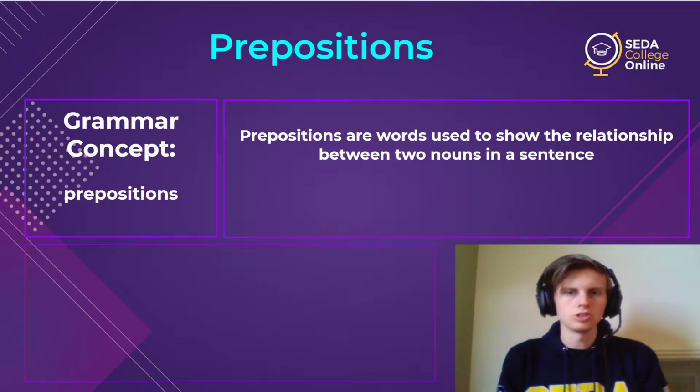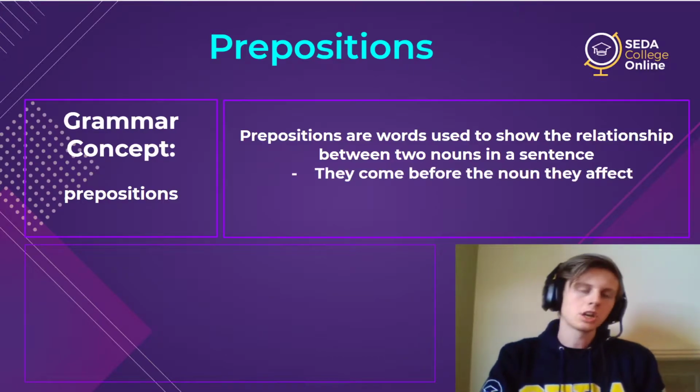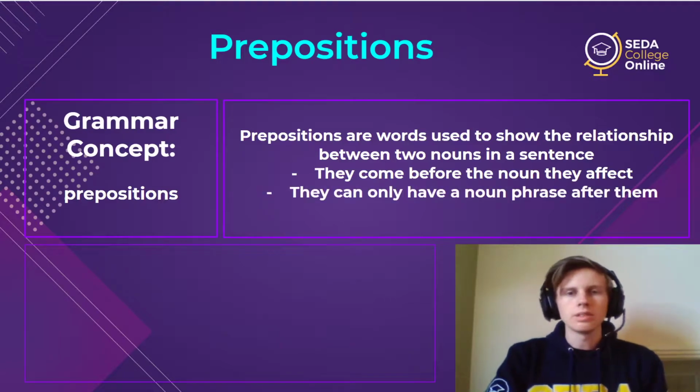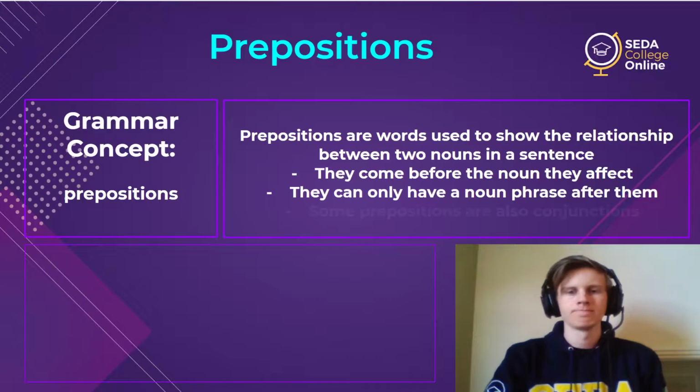What's their relationship? And so prepositions are how English does this. In English, they always come before the noun that they are talking about. And prepositions can only have a noun phrase after them. That's the rule about them: it's a preposition and a noun, always.